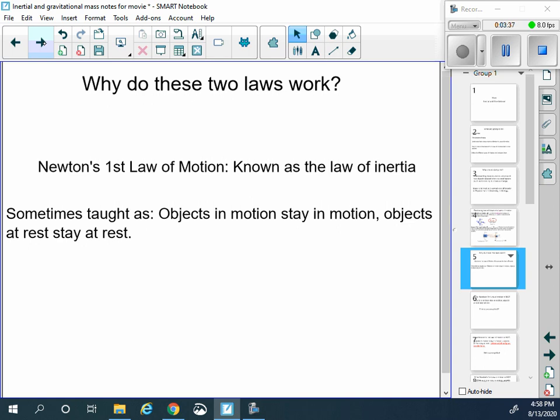Newton's first law is often known as the law of inertia, something that you might have heard in earlier classes, hopefully that you have. Sometimes it is taught simply by people saying inertia is objects in motion stay in motion, while objects at rest stay at rest. And if that was the case for you, do yourself a very important favor: forget that. It is totally wrong.